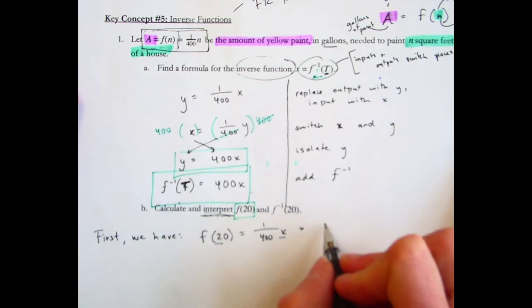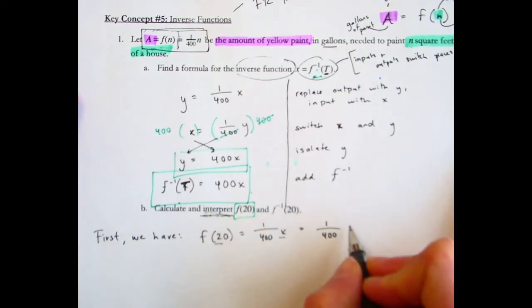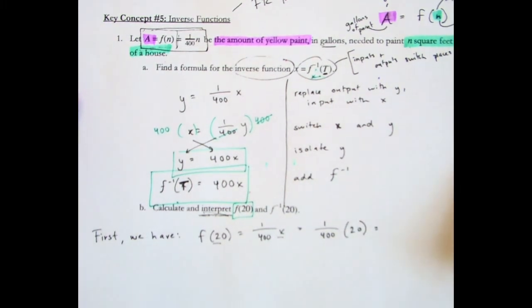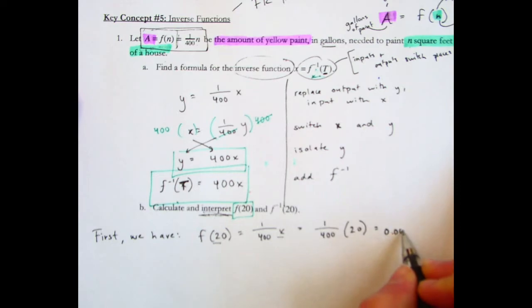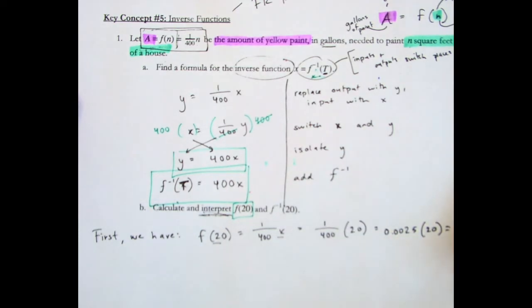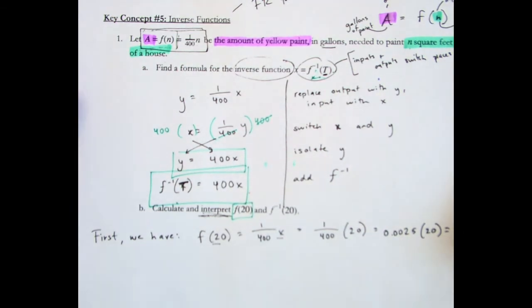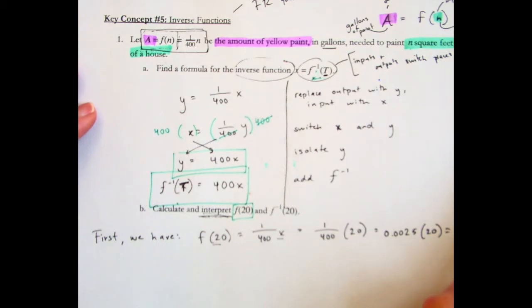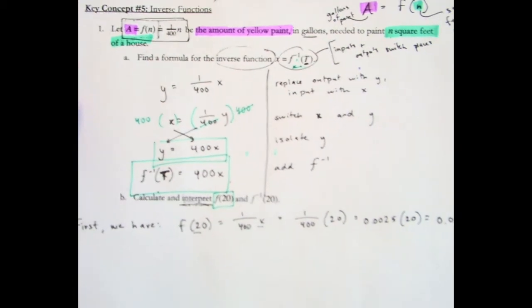So I end up with 1 over 400 times 20. 1 over 400, if I do that in my calculator, I will get 0.0025 times 20 will give me 0.05 as my final answer.